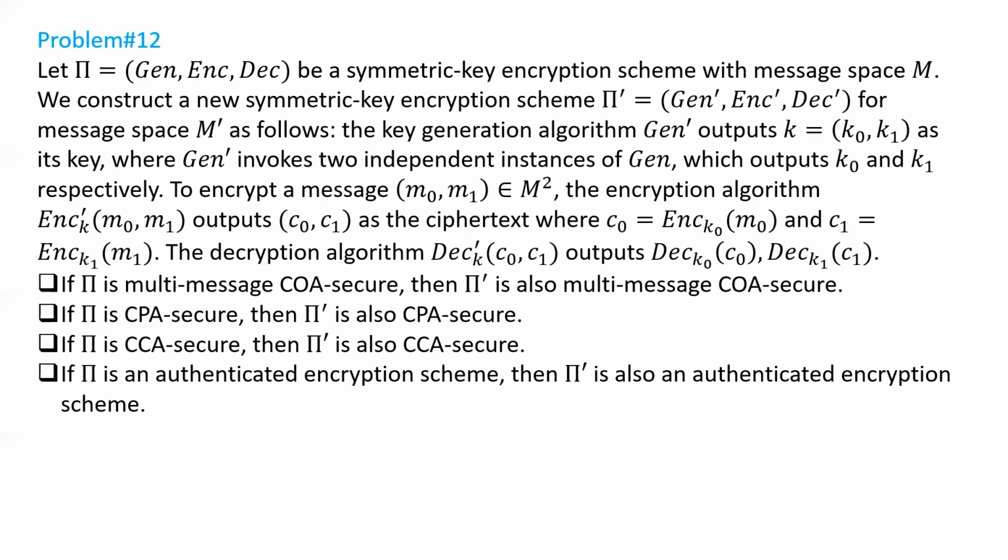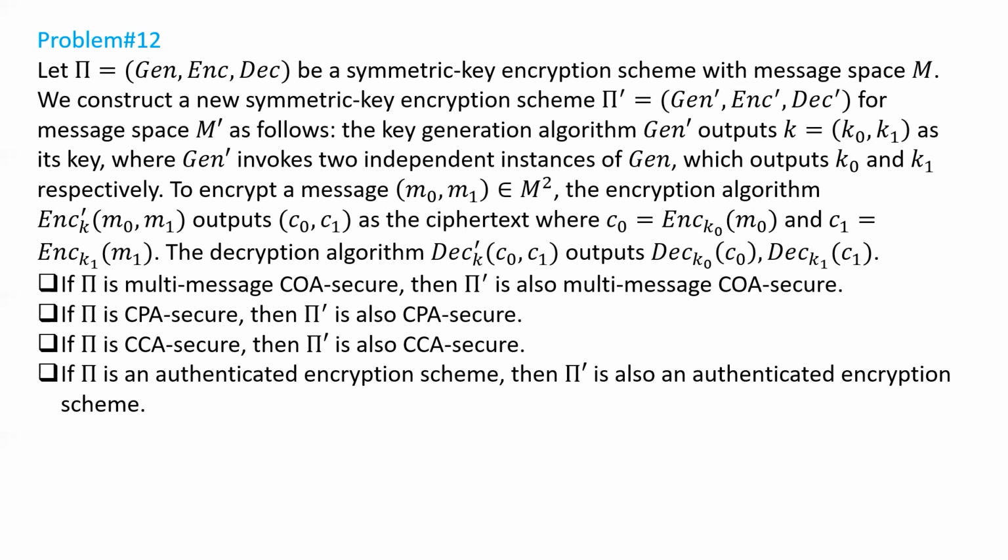Basically, half of them. So you can think of the sequence C1, C2 to CQ as Q number of encryptions with respect to encryption scheme pi and with respect to key K0.